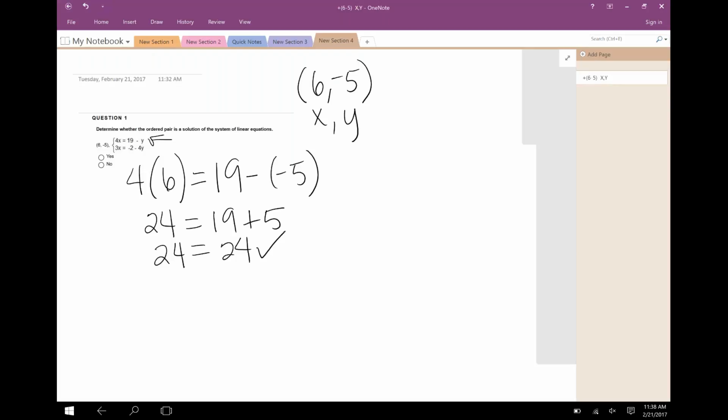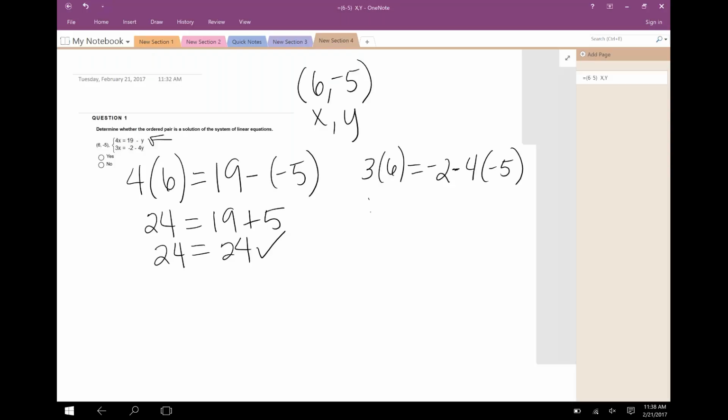And then for the second equation, we're going to plug in the same ordered pair and see if we get a true statement. So it'll be 3 times 6 equals negative 2 minus 4 times negative 5.